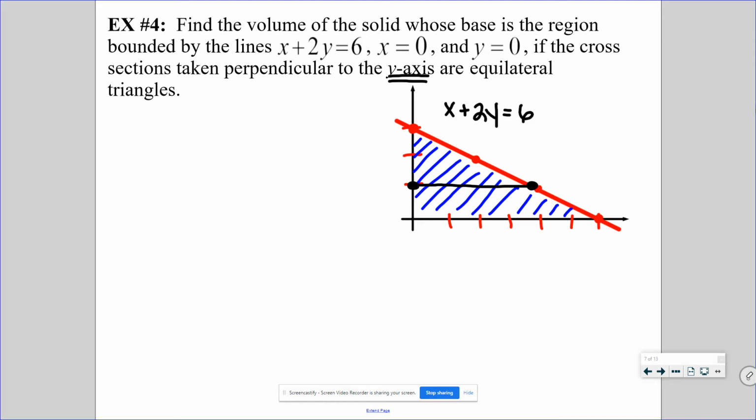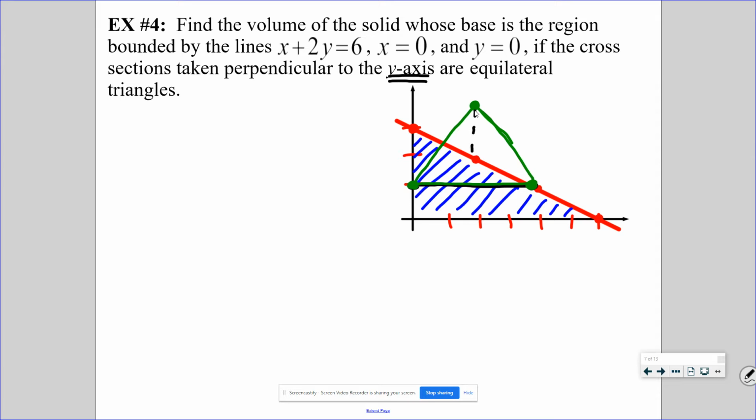Okay, so equilateral triangles, let me get this out of the way. Perpendicular, so I'm going to draw a perpendicular line, and then I'm going to build an equilateral triangle on top of it. So equilateral means all the sides are the same, like that.